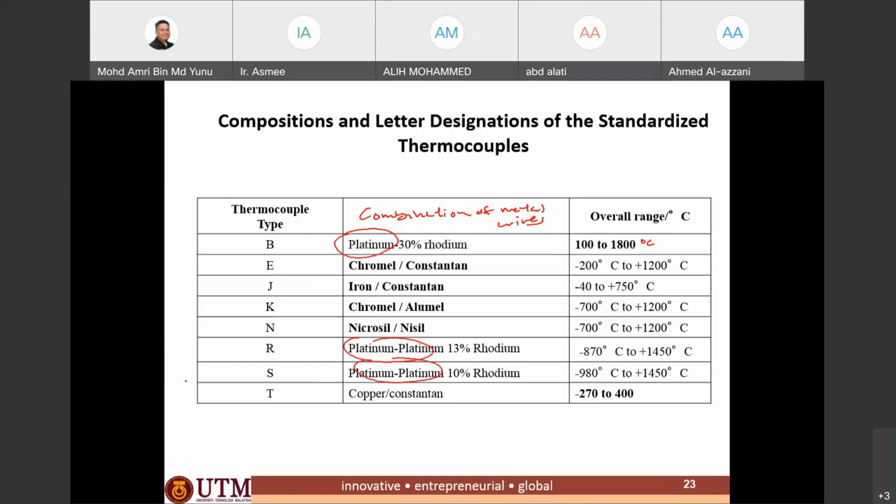For example, for R, the range can be negative 870 degrees Celsius to 1450 degrees Celsius. Copper constantan is one of the cheapest, and iron constantan is also cheap, J and T here in terms of cost, but the range may not be significantly high as compared to other combinations, especially as compared to platinum.